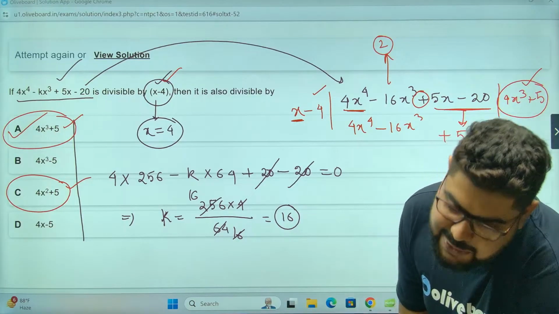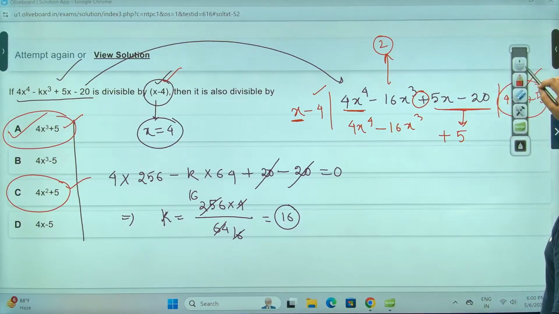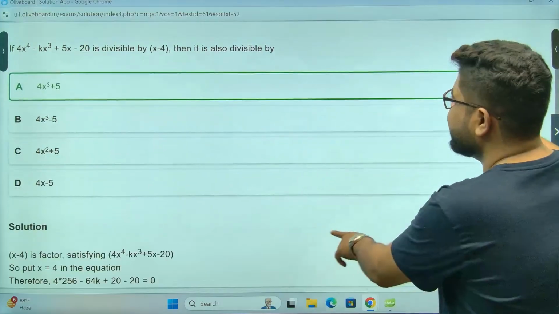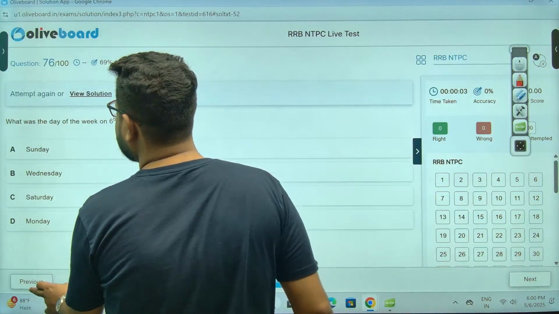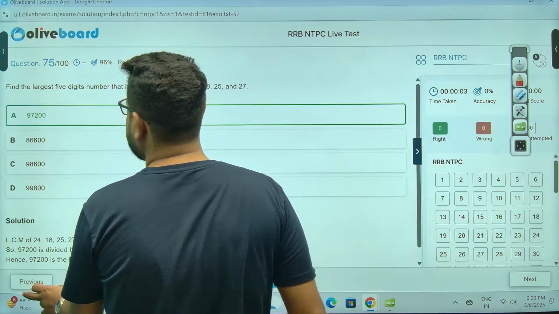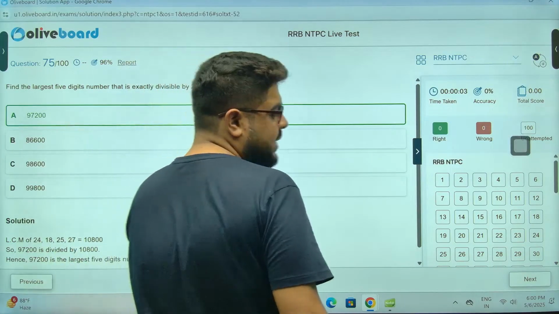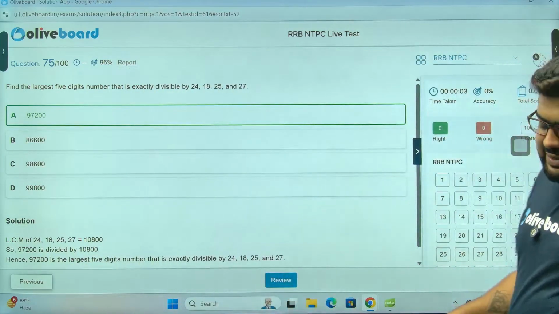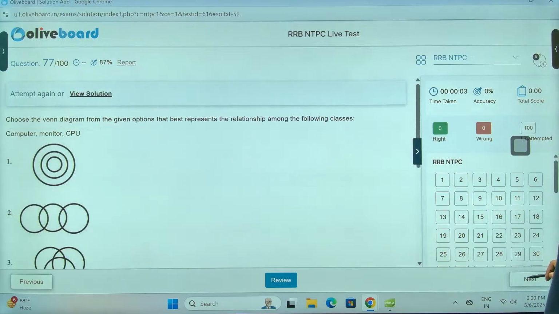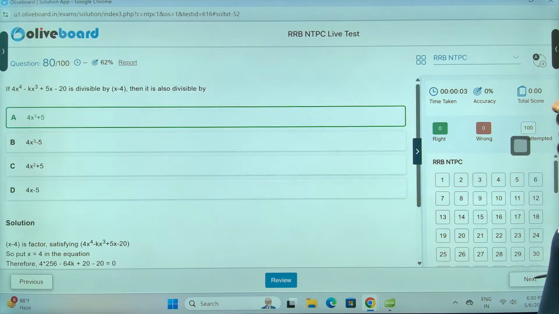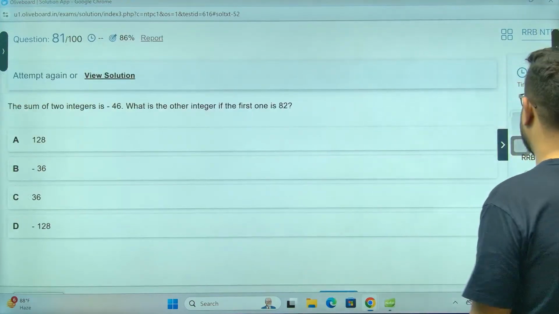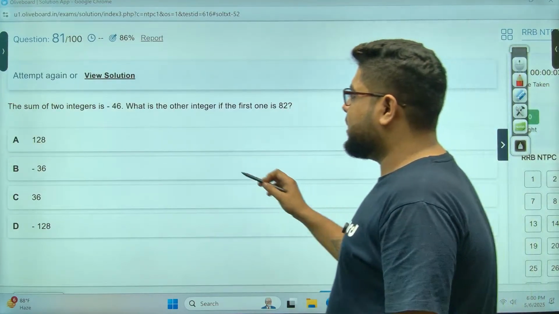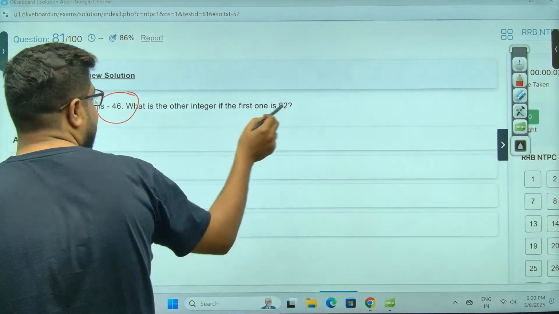Acha, chalo, theek. Which one, brother? Which one? This one. Acha, haan, so this one we did, yes. I myself forget, brother, this is very simple. Sum of two integers is this.